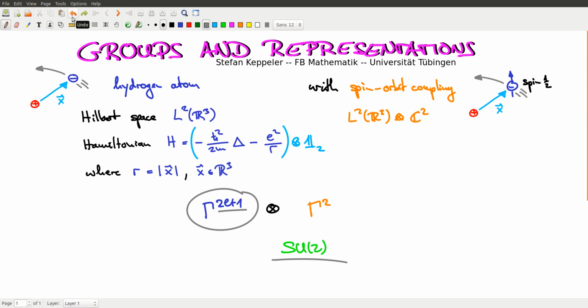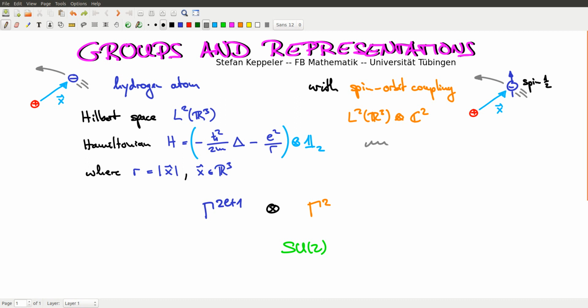So let's just look at these eigenspaces that carry irreps of SU2. And now if we just add this factor here trivially, then we just double the multiplicities of everything. So now we have 4L plus 2 dimensional spaces.